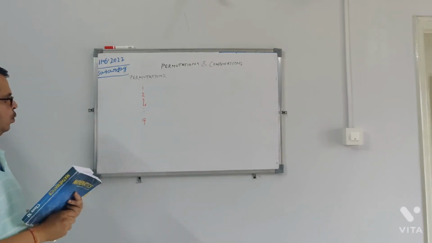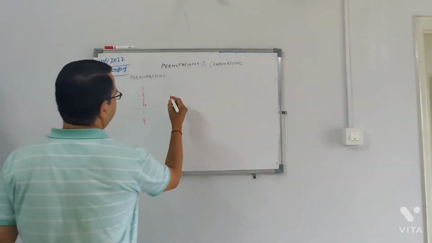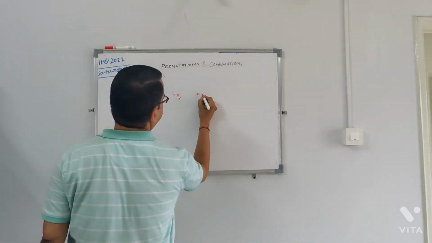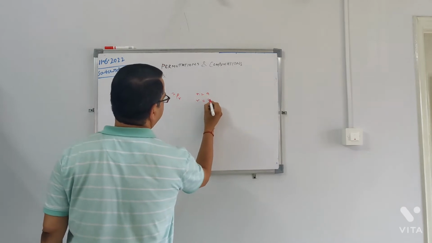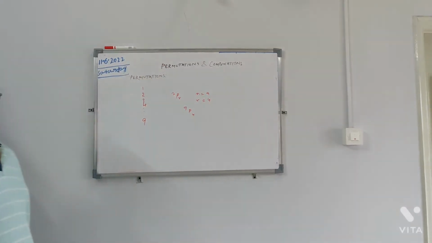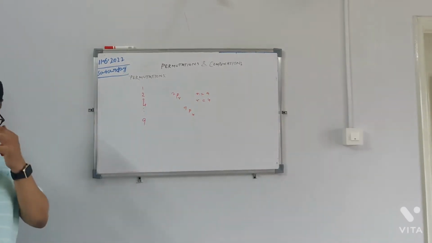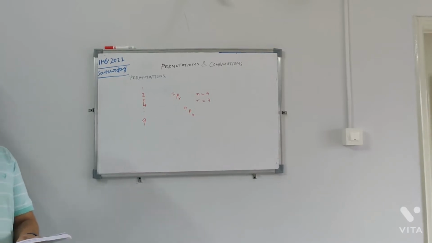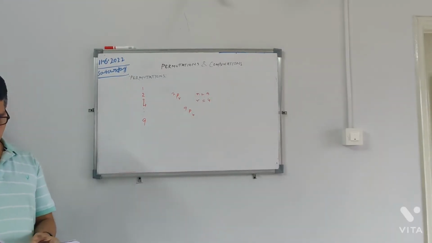So it will be nPr, where n is equal to 9 and r is equal to 4. So it will be 9P4. So these many ways four-digit numbers can be formed by using digits 1 to 9.